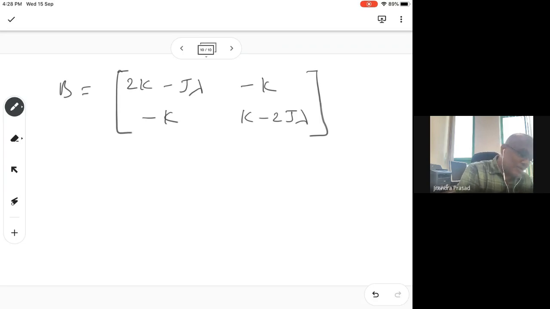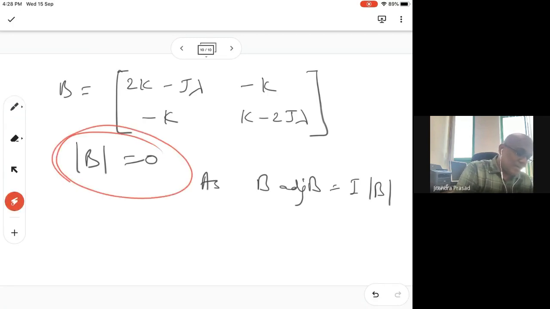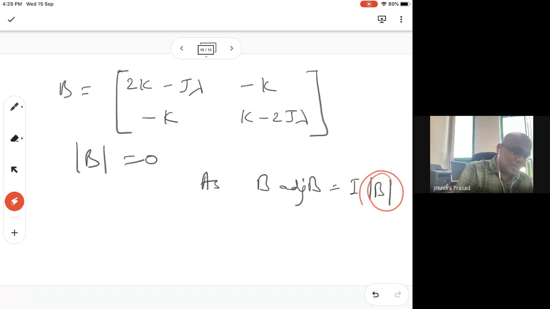And we know that determinant has to be equal to 0. Since B adjoint B is equal to I times B, that really means if determinant of B is 0, you put 0 here.